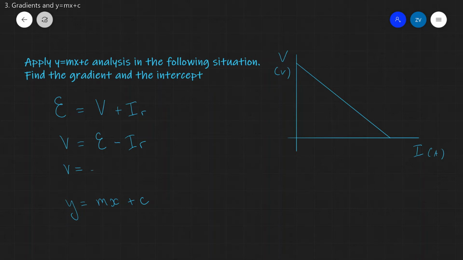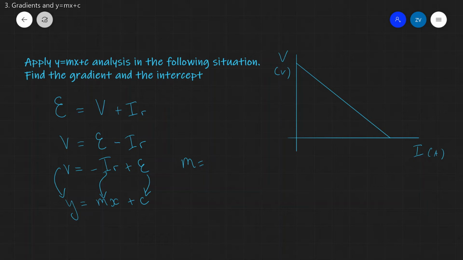So I'm going to write minus I r plus epsilon. Okay, well, if v is on the y-axis, like so, if I is on the x-axis, and if my intercept is the EMF, what I've left for my gradient are two things.